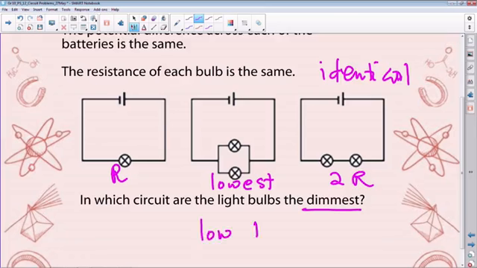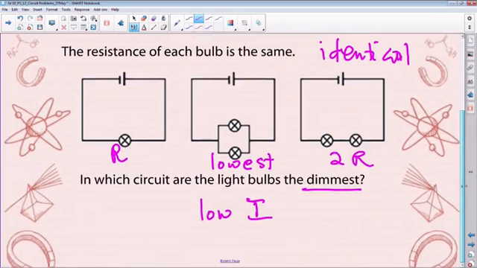In this case, the one that has the lowest current is the one that has the highest resistance. Obviously, circuit C has the highest resistance because we said I is inversely proportional to resistance. So the higher the effective resistance of a circuit, the lower the current.